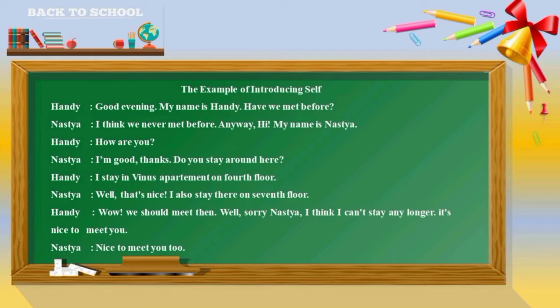Nastya: Yes, I stay in Venus apartment on the 4th floor. Handi: Well, that's nice. I also stay here on the 7th floor. Nastya: Wow, we should meet then. Handi: Well, sorry Nastya, I think I can't stay any longer. It's nice to meet you. Nastya: Nice to meet you too.